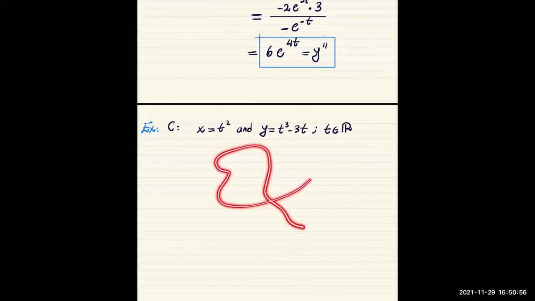The question is, how do you find that point of intersection? First of all, good luck eliminating the parameter here. You can eliminate the parameter if you want, but trying to recognize that curve is not going to be easy. It's better that we leave it in parametric form.